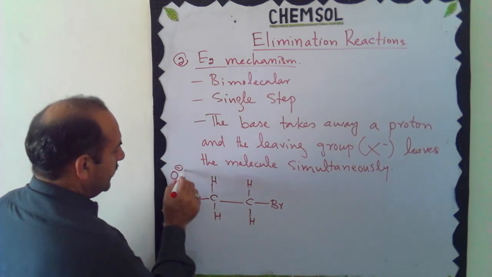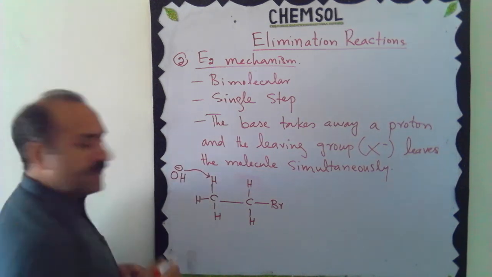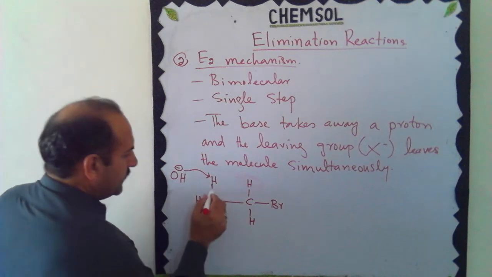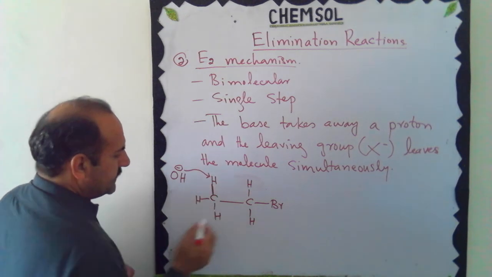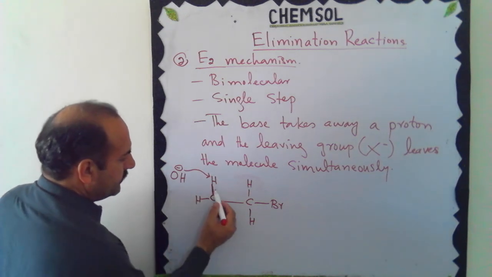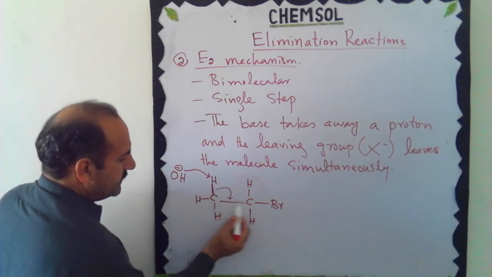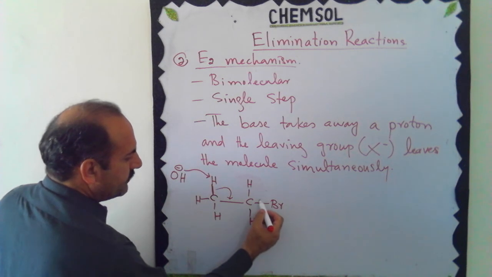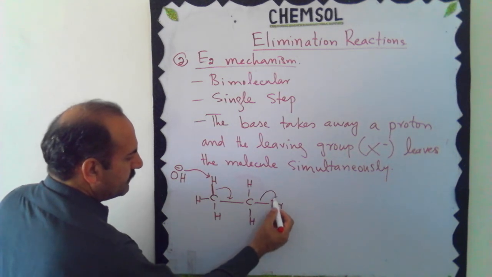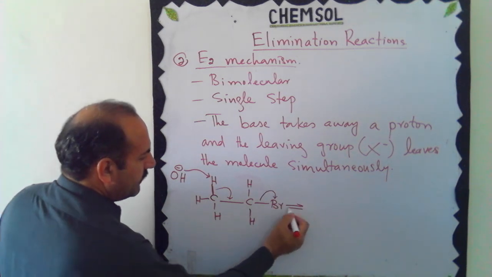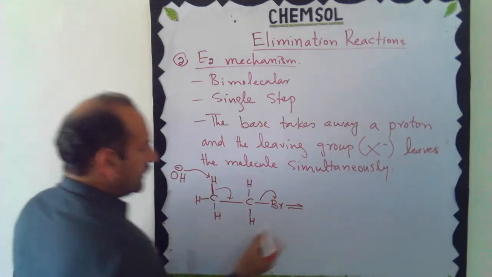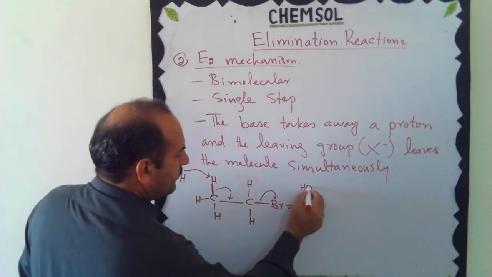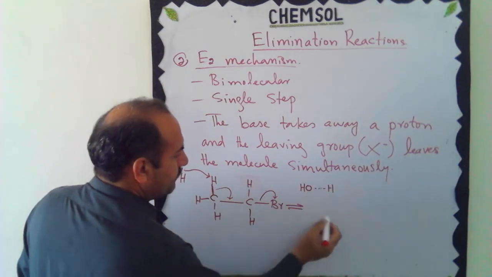During this process, the hydroxide will take away this hydrogen. The bonded electrons of CH bond will move towards the CC bond, and the CBr electrons will be taken away by the bromide. We will have a stage where there will be the formation of HOH bond.